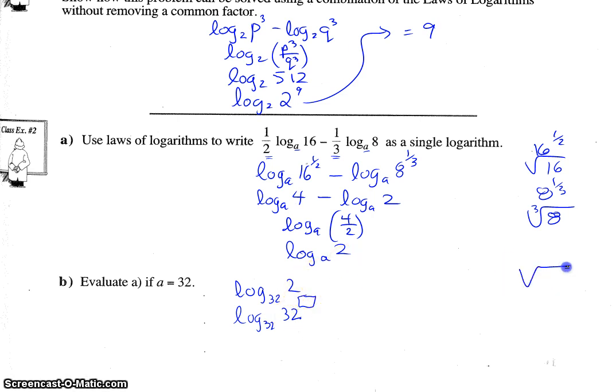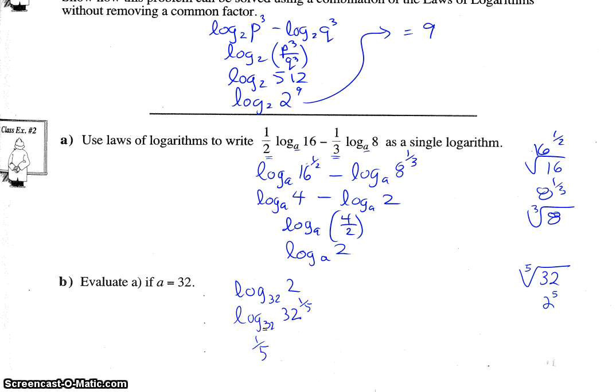That is going to be a root of some sort. So what root would I have to do of 32 in order to get 2? If 32 was 2 to the 5th, I would have to do the 5th root of 32 to get 2. So the 5th root is the same as a fraction exponent, which would be 1/5. And therefore our answer would be 1/5.